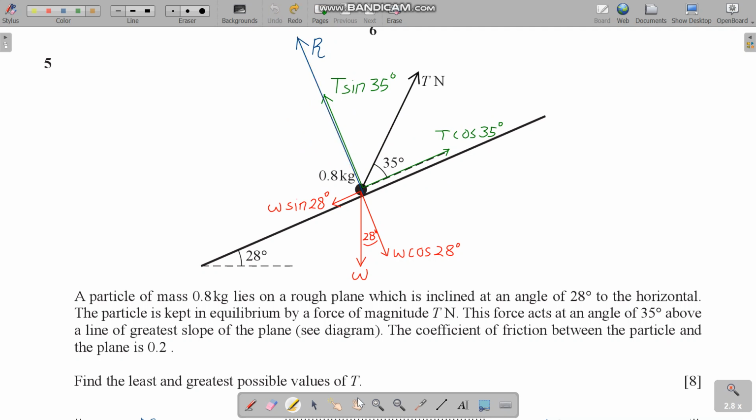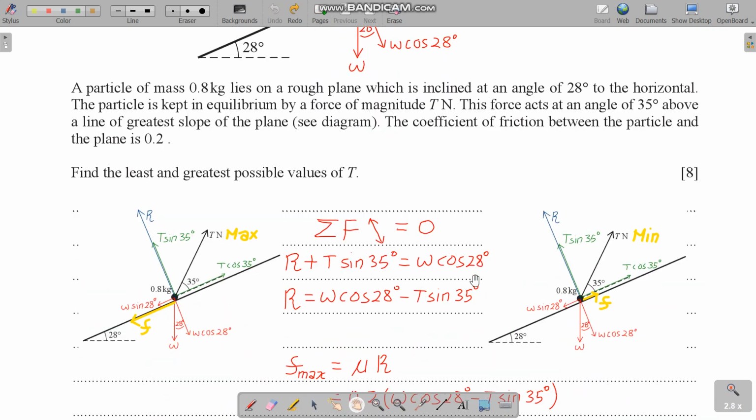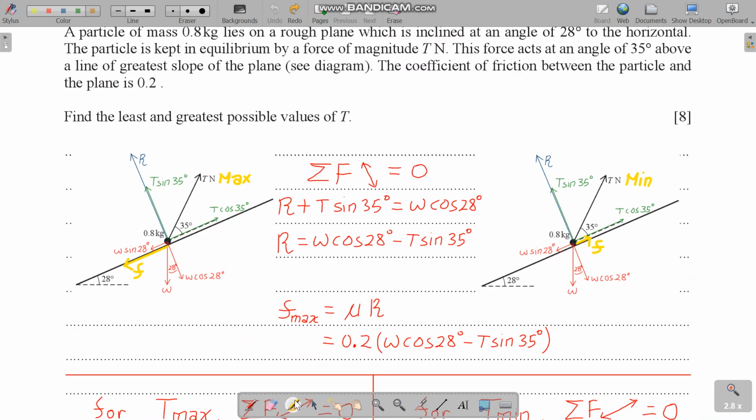Okay, so now for the possible values of T. In the first case, when the T is really big, we have this component T cos, and the friction force is therefore to the left because this is in equilibrium.